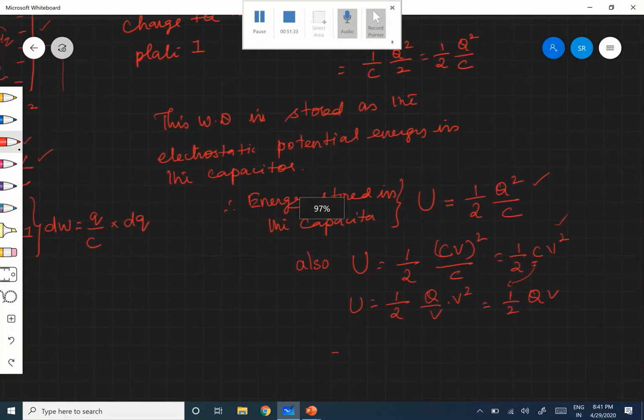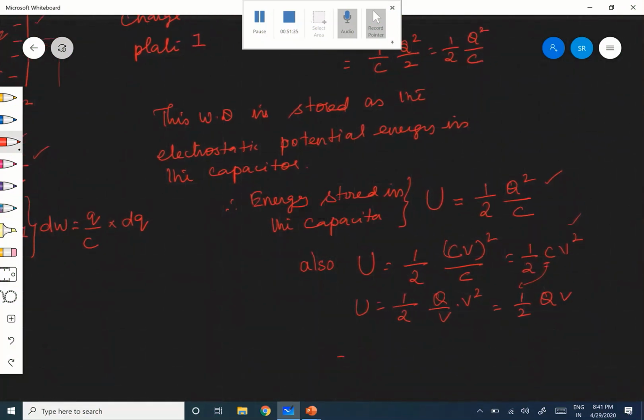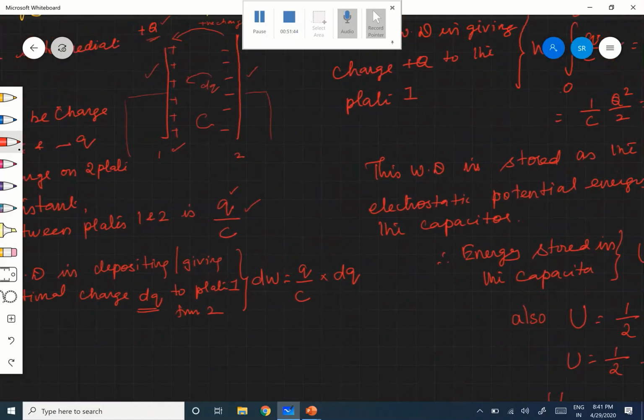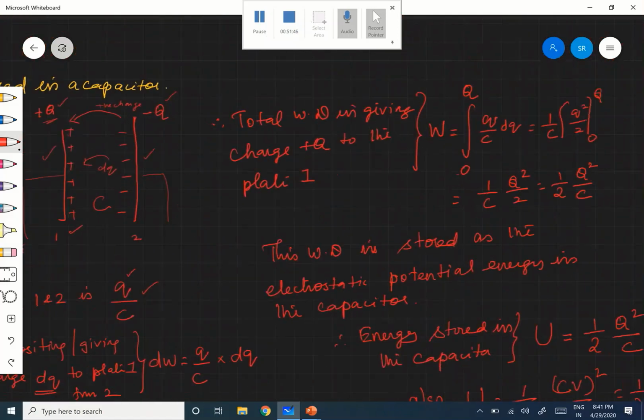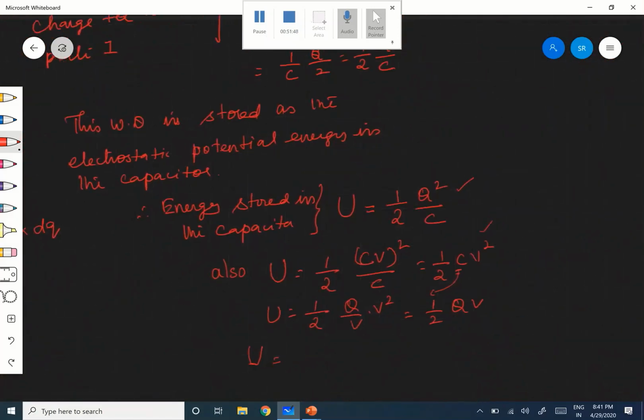U is equal to half Q squared by C, that is equal to half CV squared, and that is equal to half QV.